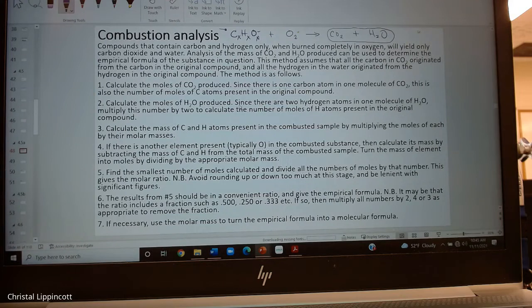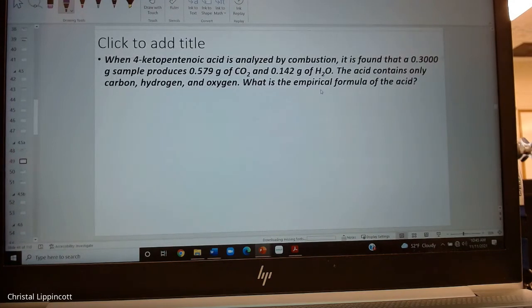Then you use your percent composition for each of these to multiply by that mass amount of each of these to come up with how much carbon and how much hydrogen you have. And then the difference between that and your starting material, because that's where your carbon and your hydrogen are over here, the difference between that then is going to be the oxygen in this particular compound. And then you can do your mole ratios and divide by the lowest mole amount, and that gets you to your empirical formula.